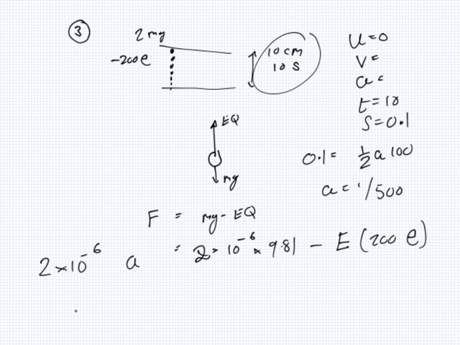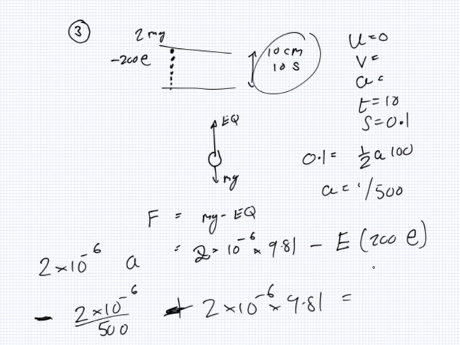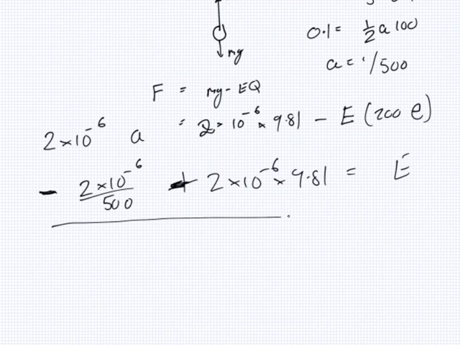So now I have this formula, 2 times 10 to the minus 6 over 500. I'll make that one a minus, and I'll make this a plus. 2 times 10 to the minus 6 times 9.81, that's equal to E. If I then divide this by 200, what's it, 1.61 times 10 to the minus 19, is that the charge of an electron?